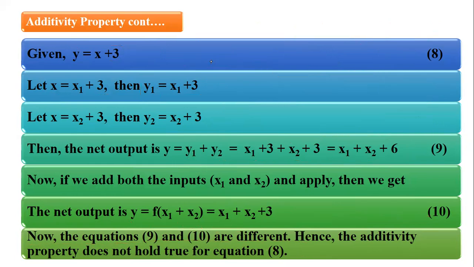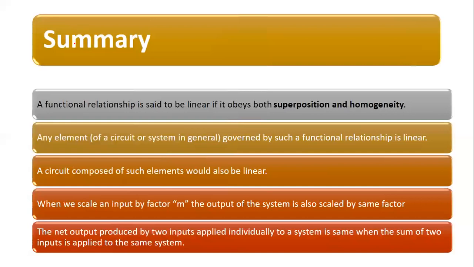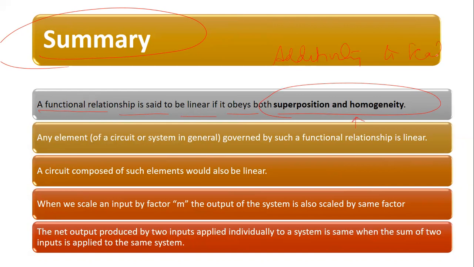Okay, so the summary of this lecture is: a functional relationship is said to be linear if it obeys both superposition as well as homogeneity. That is additivity and scaling, right? Any element governed by such a functional relationship is linear.